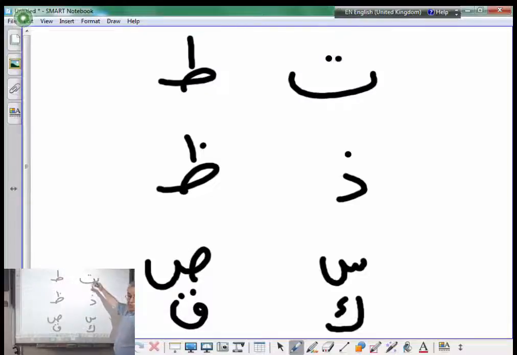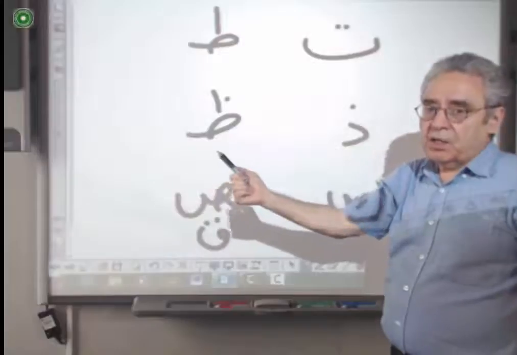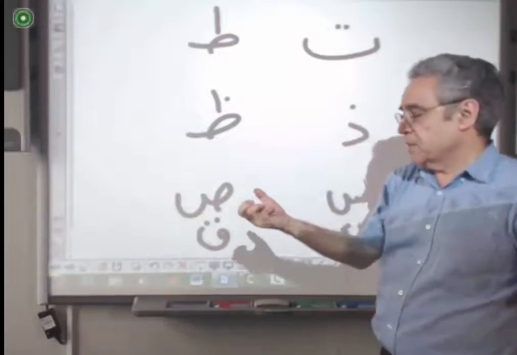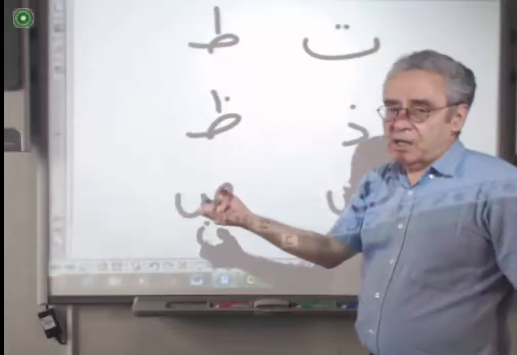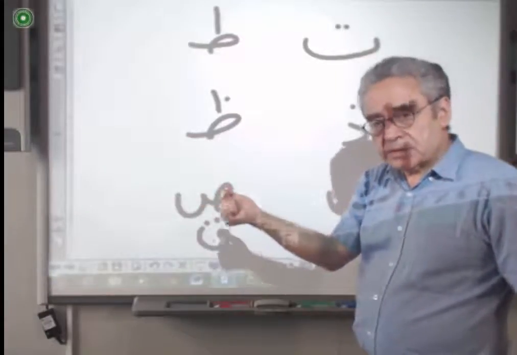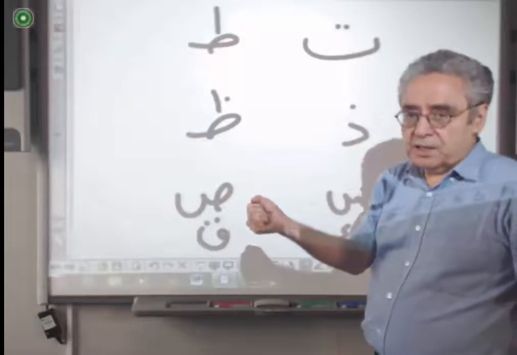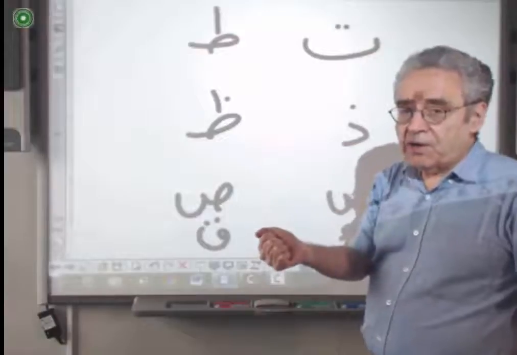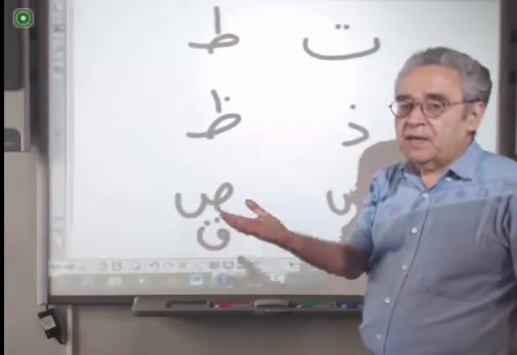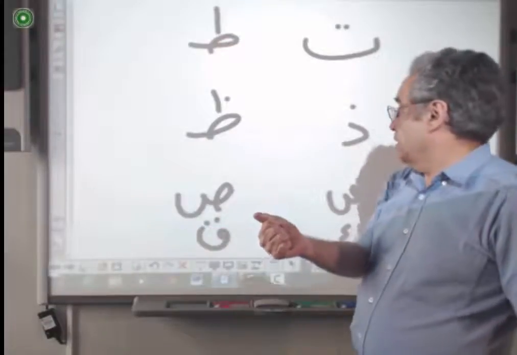So I want you to repeat with me. Ta, ta. Maybe by using your hand, you can say ta is flat, then ta, ta. Next one. Dal, va, dal, va.